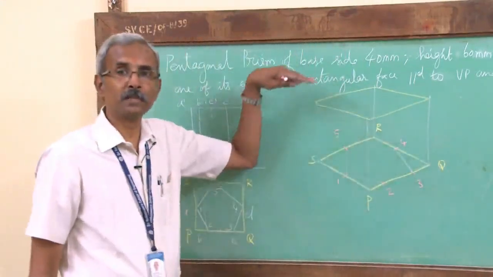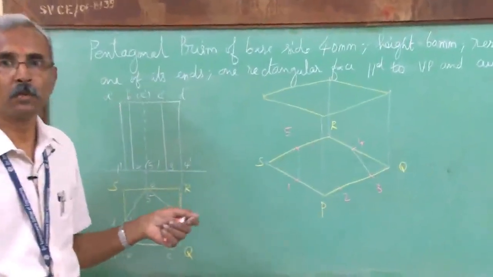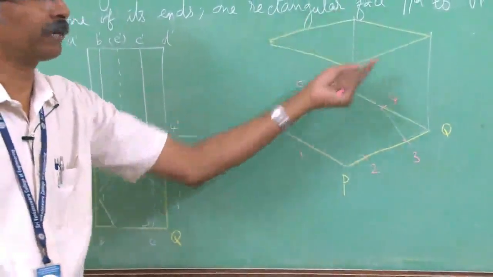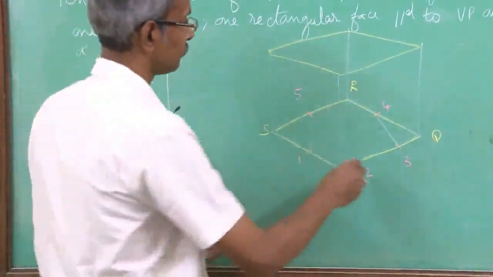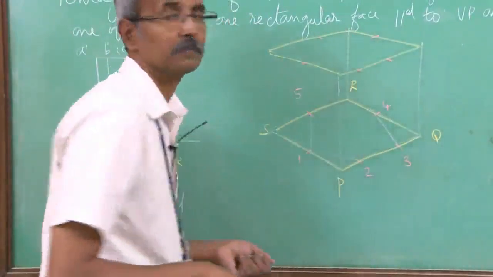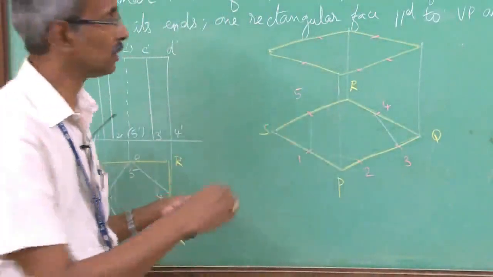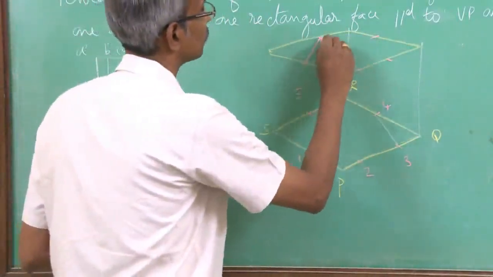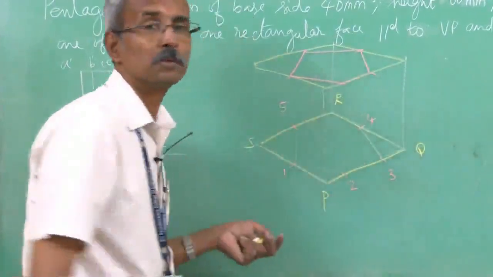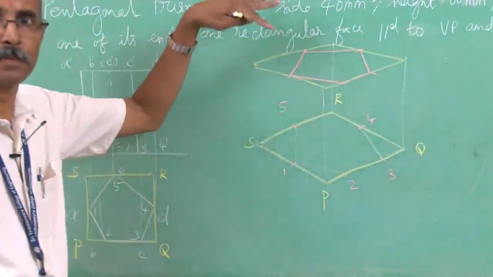So which will represent the top face. Now what you can do is take this measurement, of course it is the same measurement, and mark it on this face. And join them in sequence. So this is the top face of the prism.